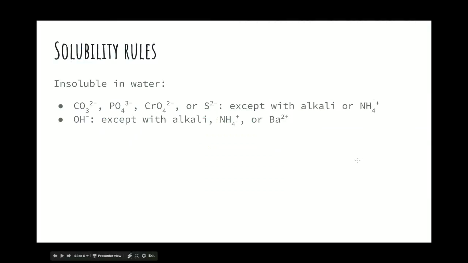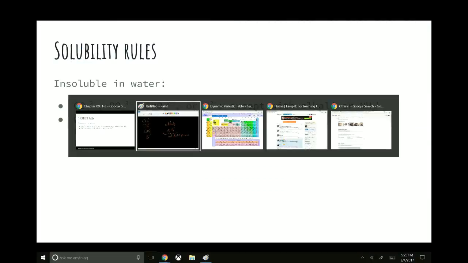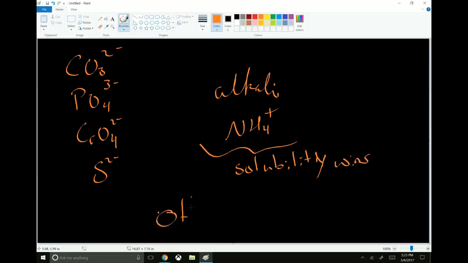Okay. Next up, we have hydroxide, OH-. It's always insoluble, except with these guys or barium. Now, barium hydroxide, that's Ba(OH)2.